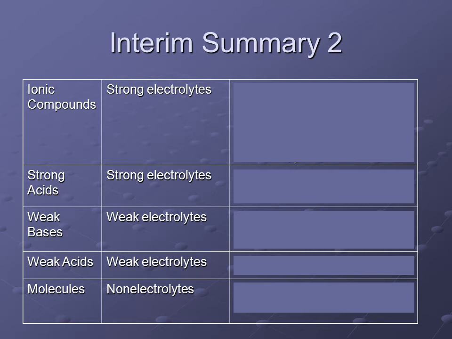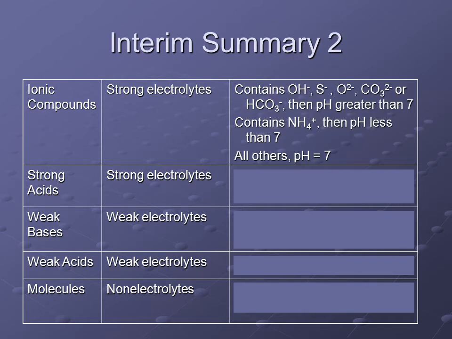Alright, now I know this slide is titled Summary, but I'm going to add some additional information to it. We talked about acids and bases, so along with that goes the concept of pH. So some ionic compounds are basic, and that means when they're dissolved in water, they have a pH greater than 7. Okay, pH greater than 7 means that they're basic.